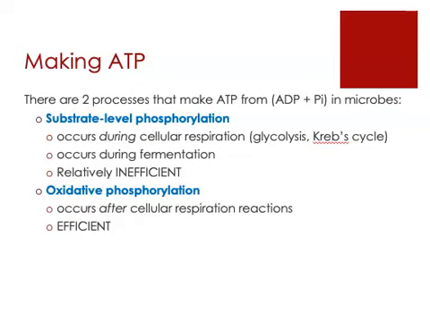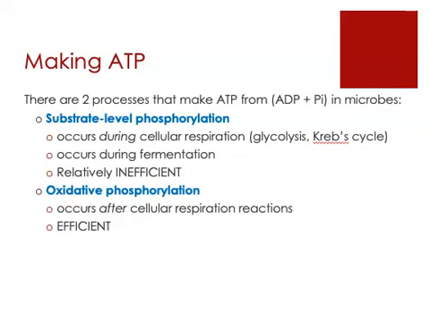As the enzyme takes a phosphorylated substrate, a substrate molecule that has a phosphate group attached to it, and turns it into product, along the way, piggybacked on top of that, a phosphate group will be added onto ADP and make ATP. That's a process called substrate level phosphorylation.